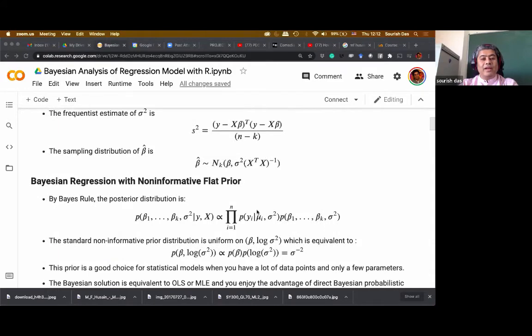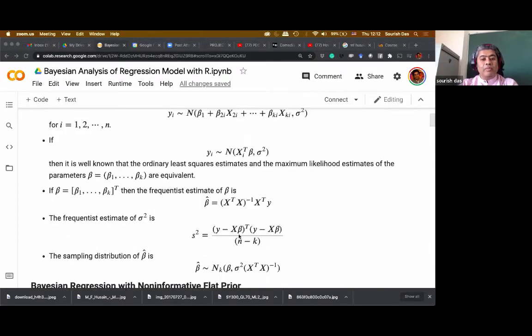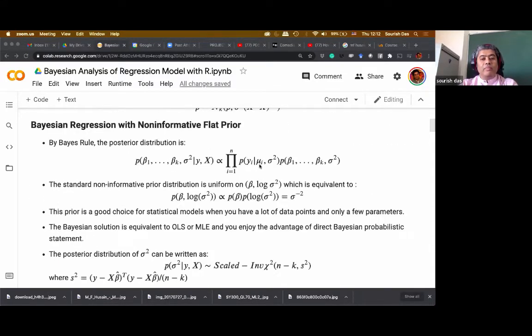If I write the entire thing again here, it will look very cumbersome. So just to avoid that, effectively this is beta 1 plus beta 2 x2i plus beta 3 x3i and so on, multiple linear regression. But I'm just writing it as mu sub i, so it will look a little cleaner.